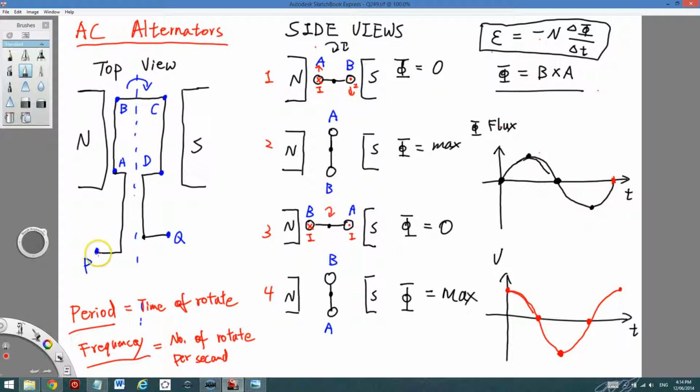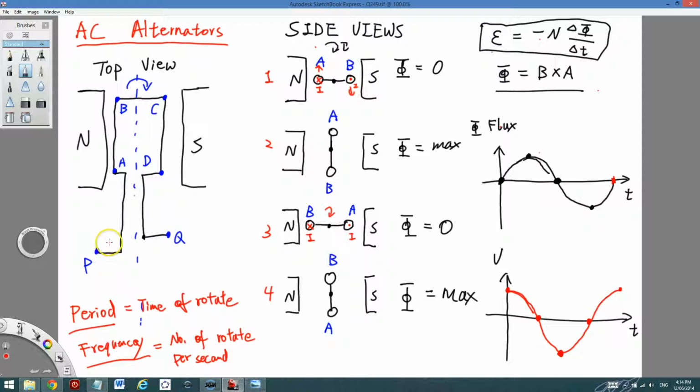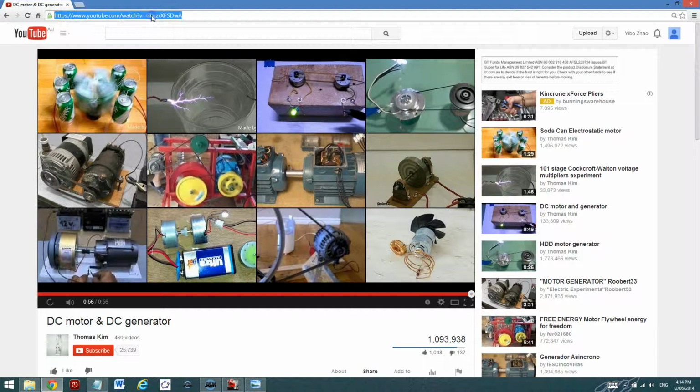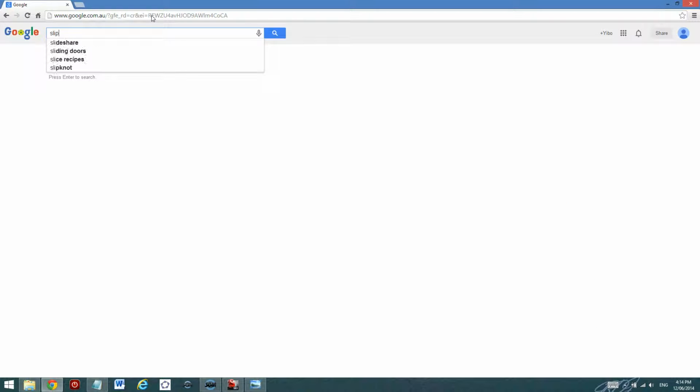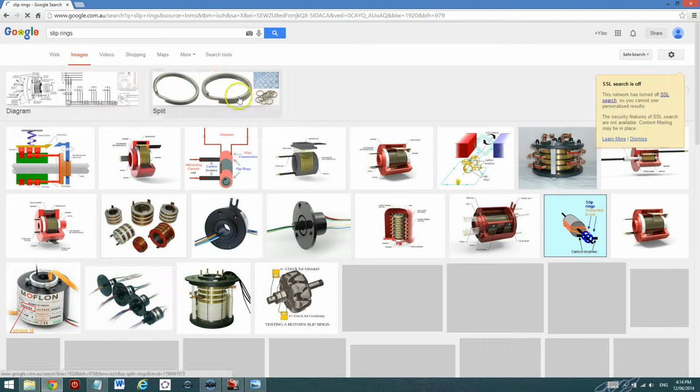Another important feature of AC alternators is what we call split rings. Actually, let me show you a photo first. So, split rings.